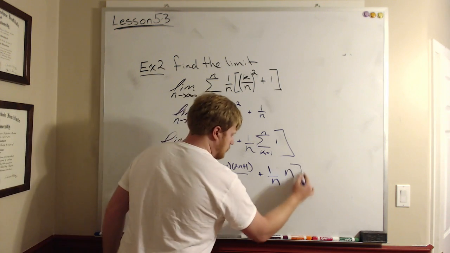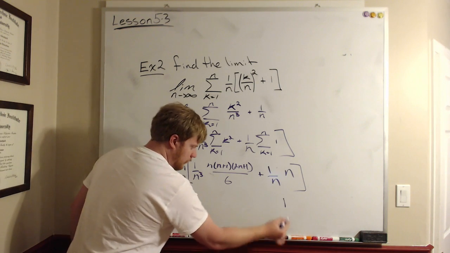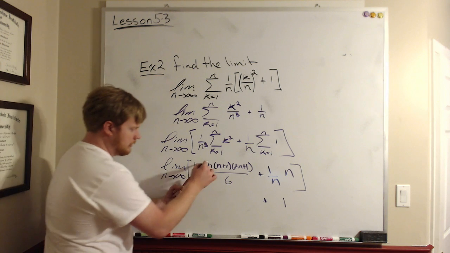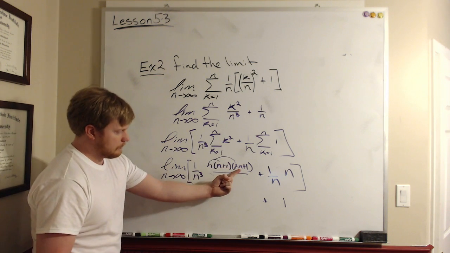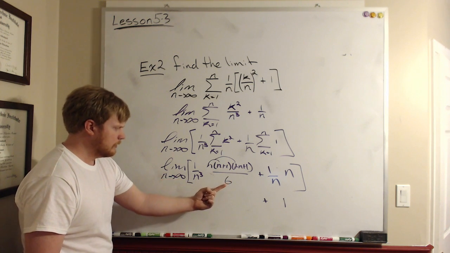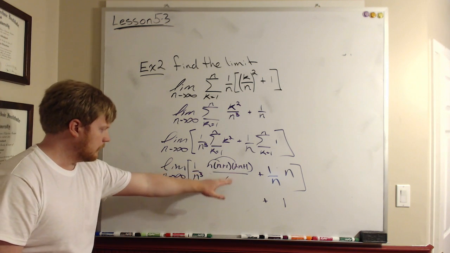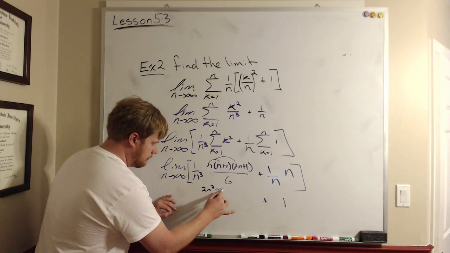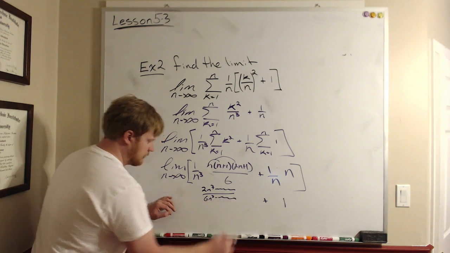So, what does this limit come out to be? Well, that's just 1. And this is going to be an n squared, and then eventually times another n is going to give me an n cubed. And it's going to have a 2 in the numerator and a 6 in the denominator. So I'm going to get something like 2n cubed plus some stuff all over 6n cubed plus some stuff.